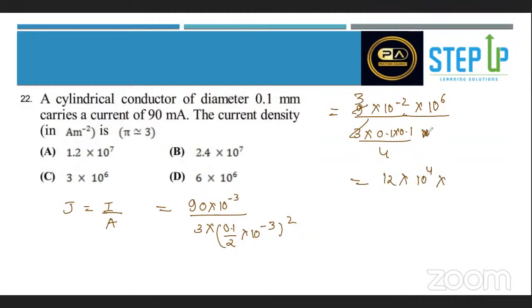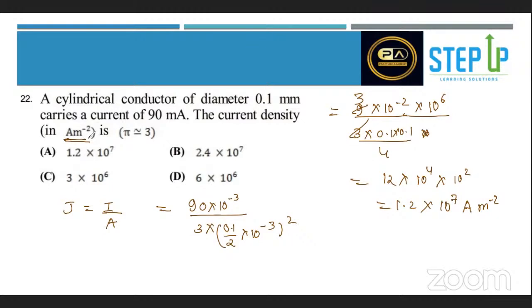So I'm getting 1.2. If I look at the options, I get it in this form: ampere per meter square. You have to see the question also, they're asking in A m minus 2.